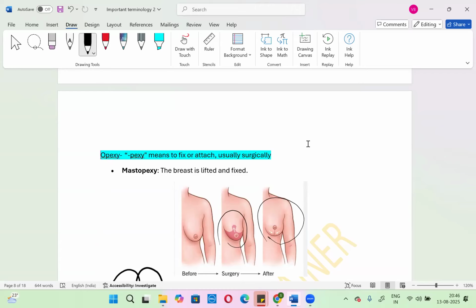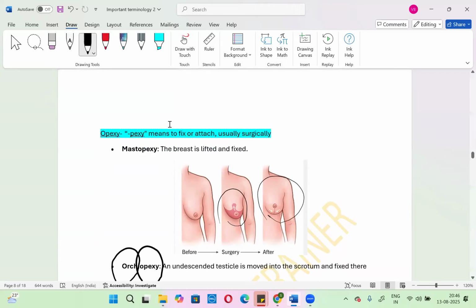Is it done? Shall I scroll it down? Yes, ma'am. Pexy means fixing. Example is mastopexy, fixing the breast.